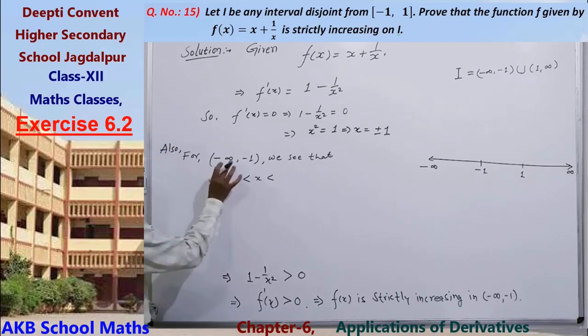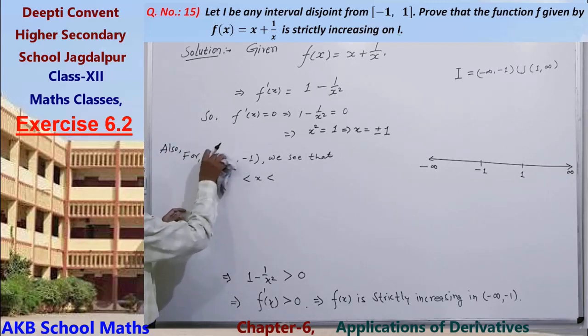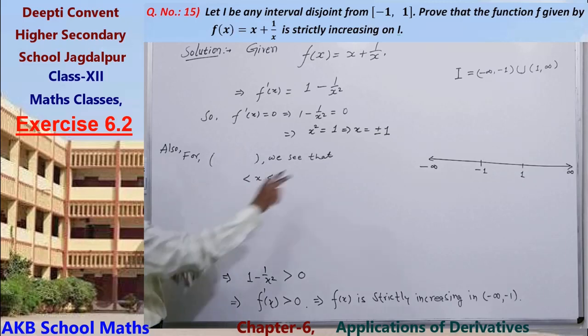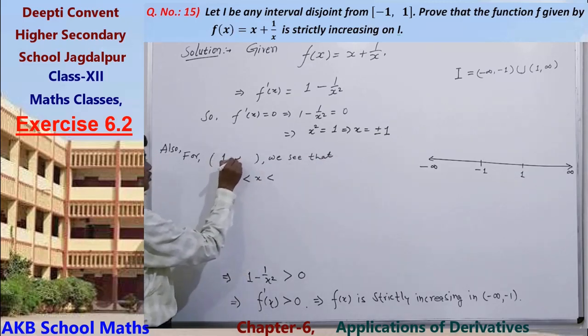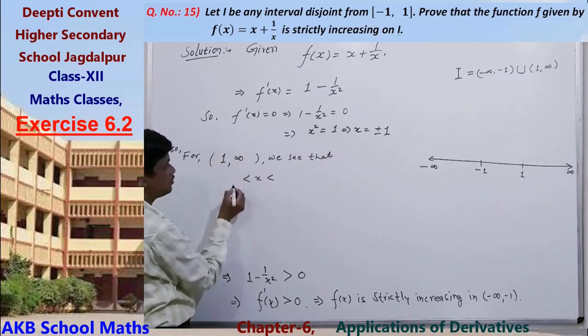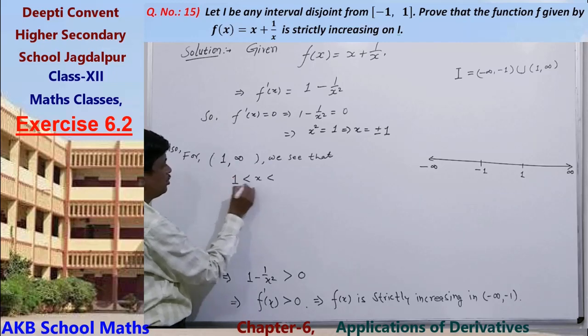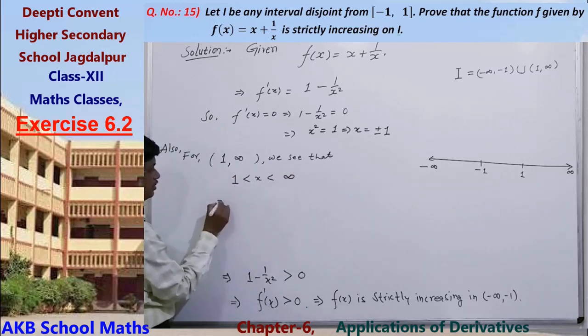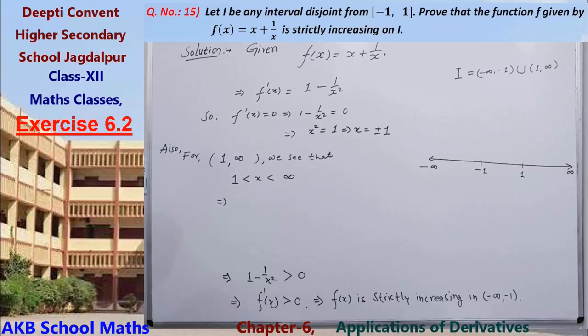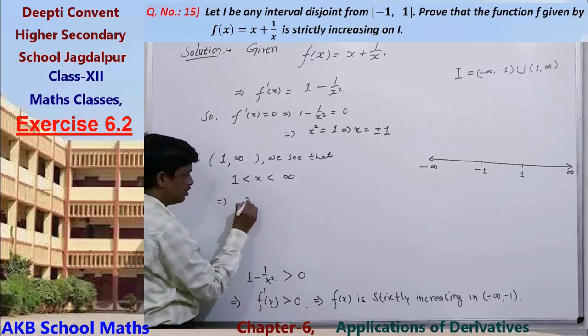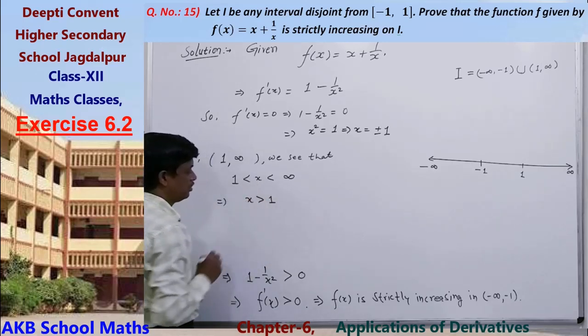Also, for the interval 1 to infinity, x > 1 implies x² > 1, which implies 1/x² < 1. If we square x greater than 1, x² is also greater than 1.